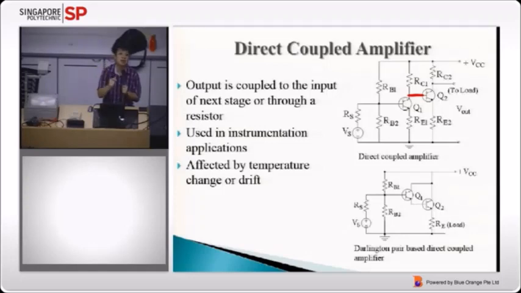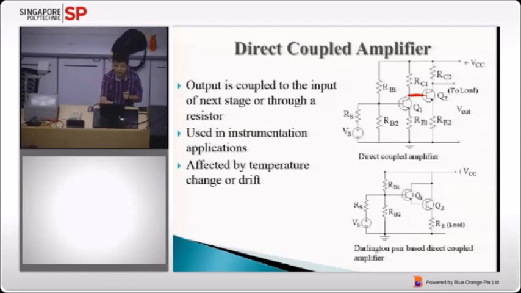Now, what is the advantage? Make a guess. There must be advantages and disadvantages. The circuit looks simpler, because it just connects directly.